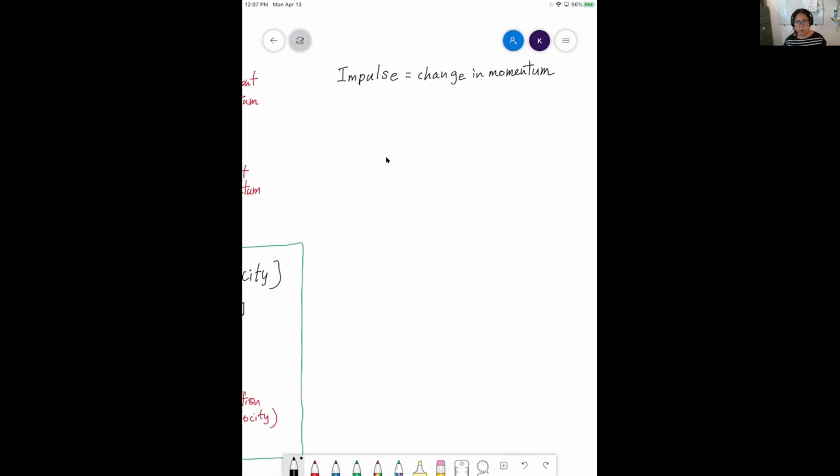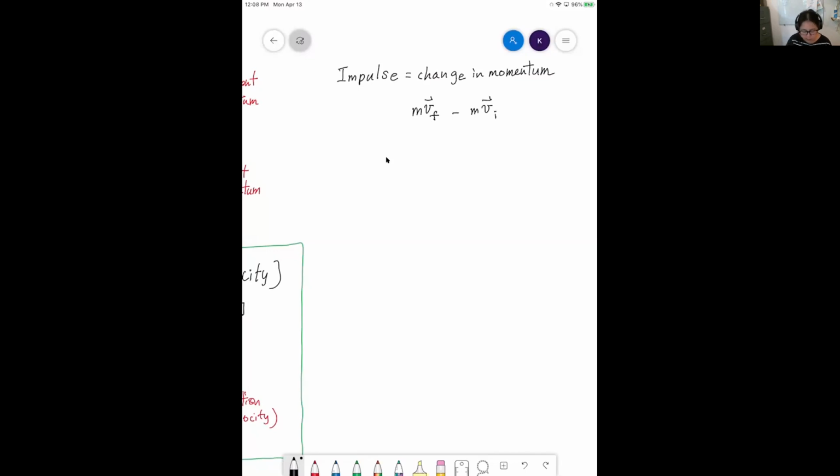So if it's a change in momentum, how can you have a change in momentum? Typically, the object stays the same object. When the object has a change in momentum, you have a final momentum, mass times final velocity, minus mass times initial velocity.